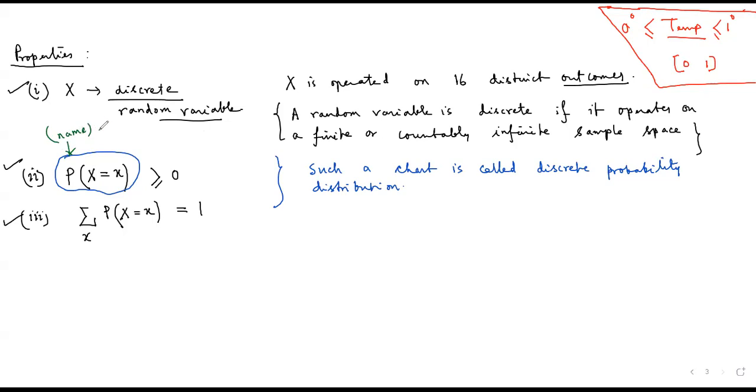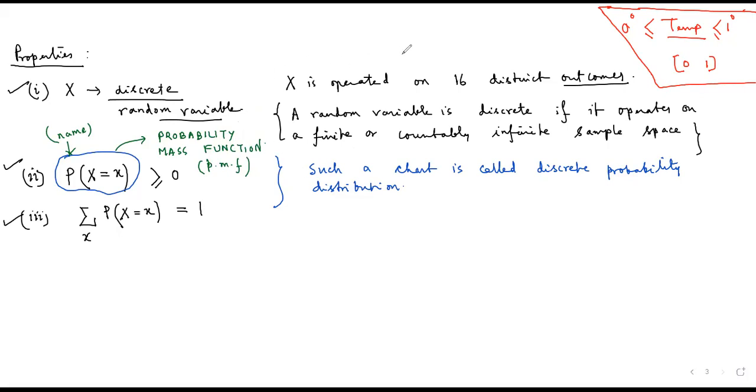Therefore a name is required, and this type of probability, which is associated with a discrete distribution, is called the probability mass function, or in short, PMF.